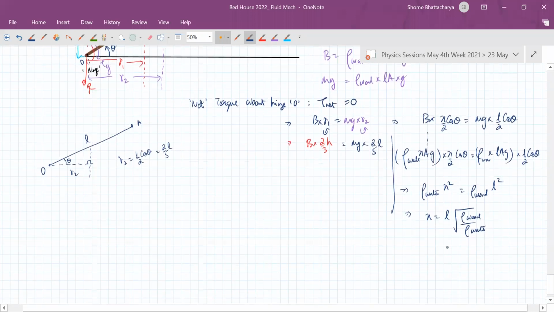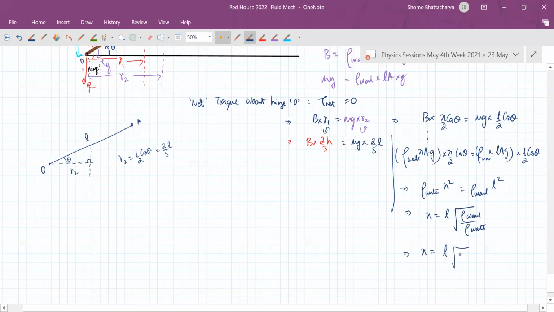So x should be equal to L into square root of 0.6. Okay. And h is equal to x sine theta or 3 by 5 x.